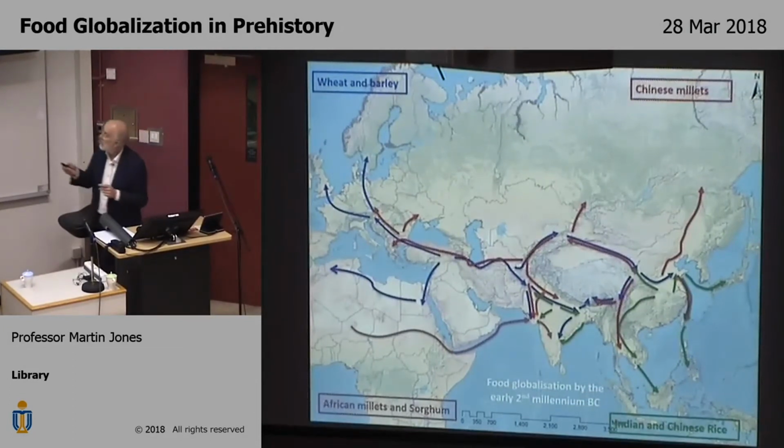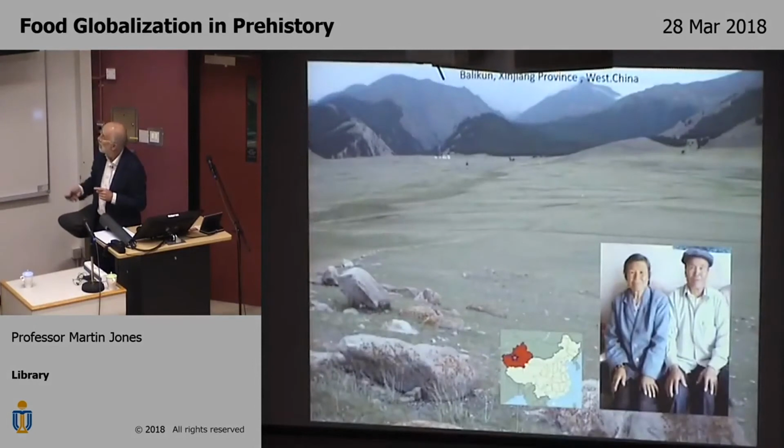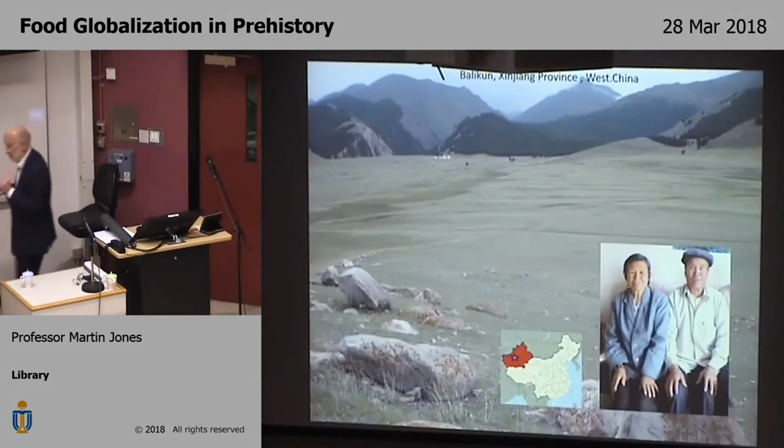One of the things about hugging those foothills is it's not the locus of agriculture we think of as agriculture today.